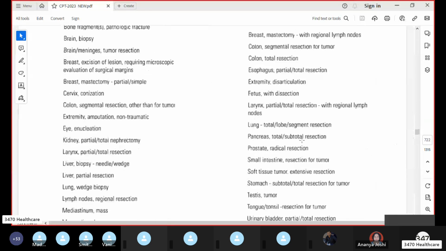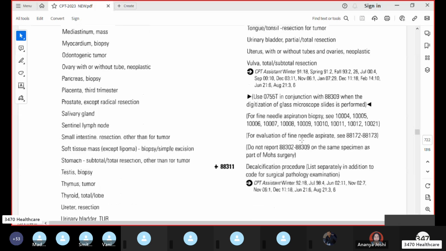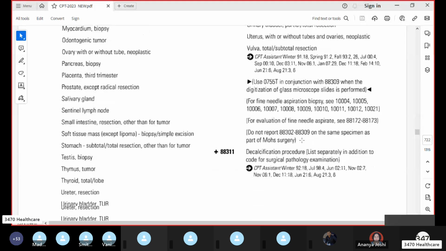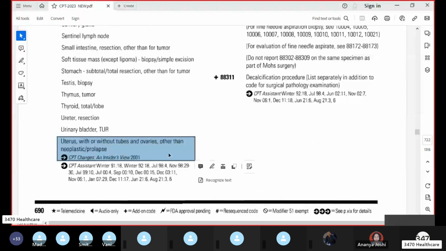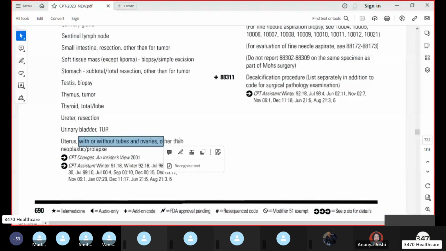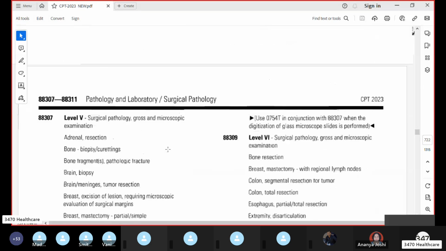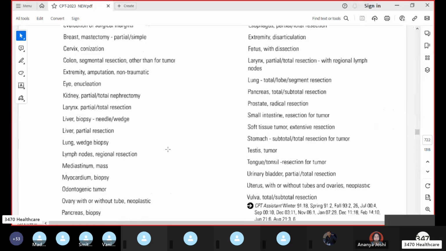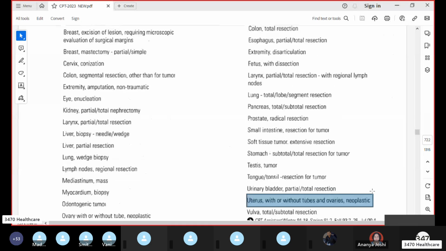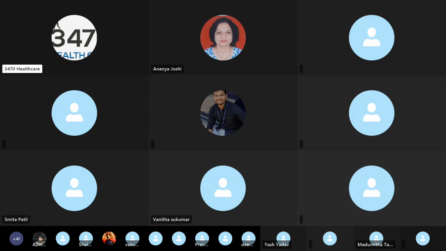Then the sixth one is for the uterus other than prolapse, that means without prolapse. Uterus with or without tubes and ovaries, but other than prolapse or neoplasm, that means uterus without prolapse, so 88307. Then uterus for neoplasm, 88309. Okay, I think you are clear.